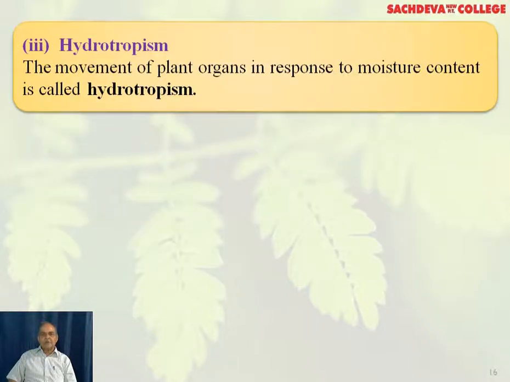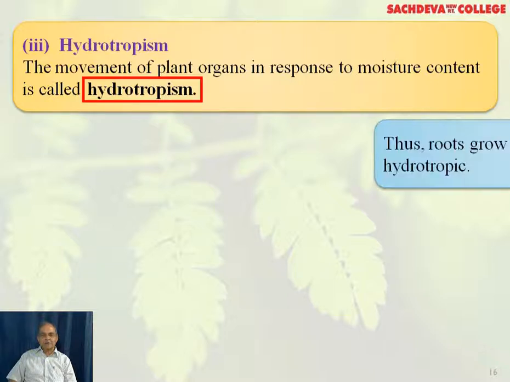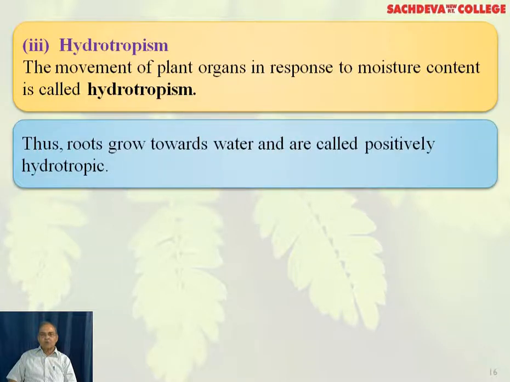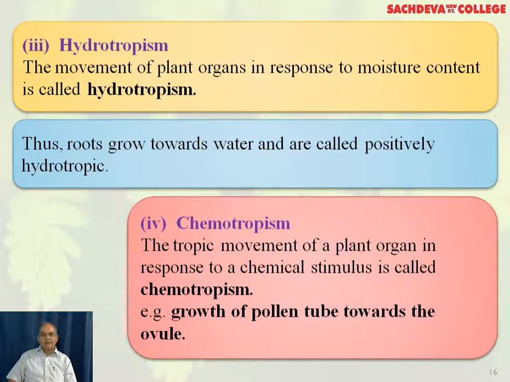Hydrotropism. The movement of plant organs in response to moisture content is called hydrotropism. Thus, roots grow towards water and are called positively hydrotropic. Chemotropism. The tropic movement of a plant organ in response to chemical stimulus is called chemotropism. An example is growth of the pollen tube towards the ovule.